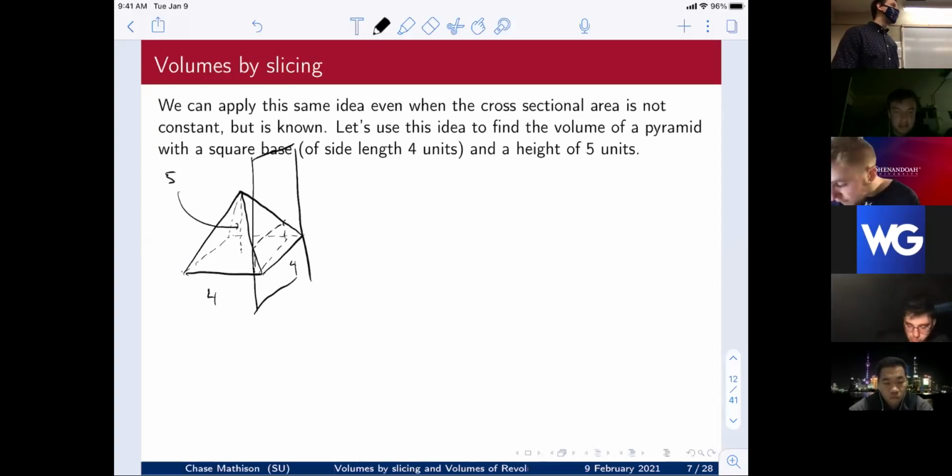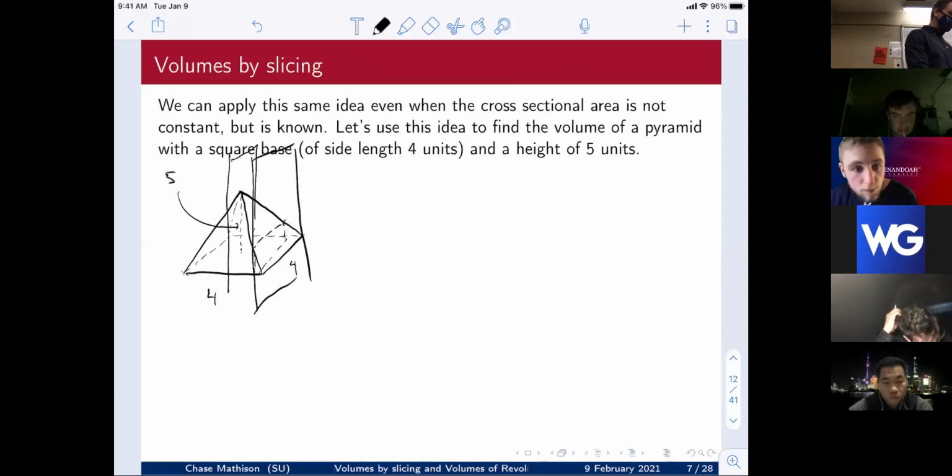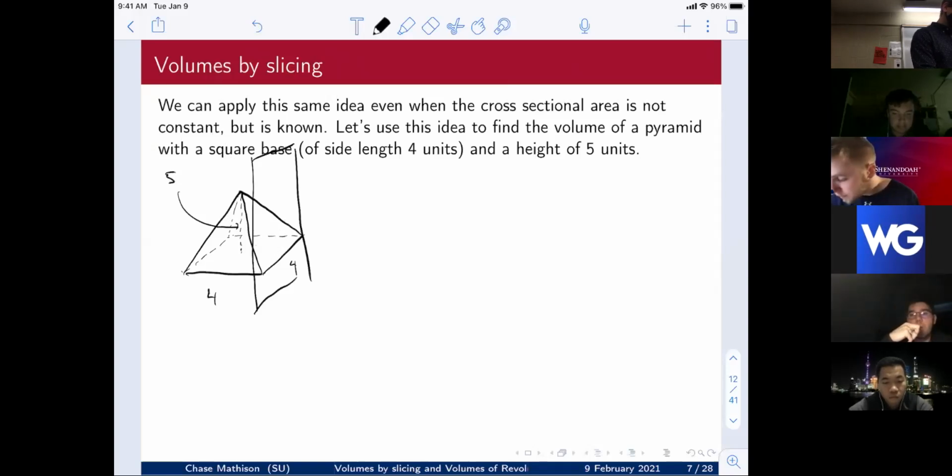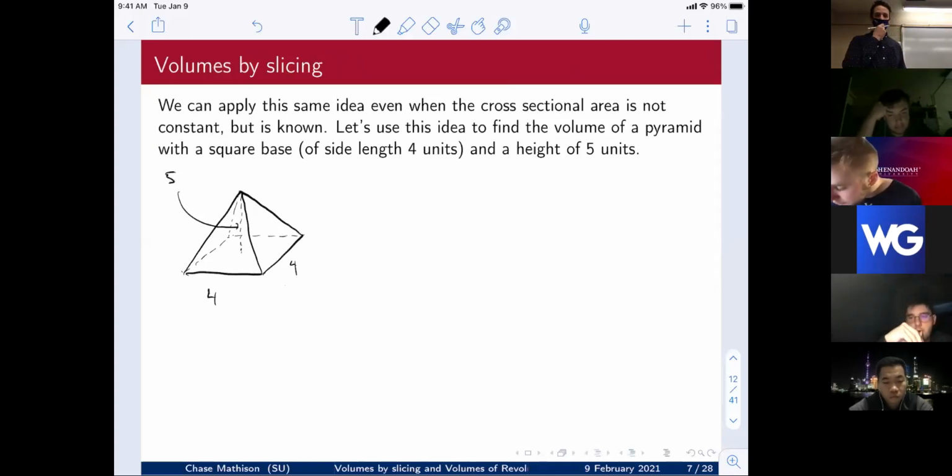You could do it, but once you cut this pyramid in half, all of a sudden that rectangle turns into a triangle, and you have to do a weird little workaround there. That's annoying. I'm not going to do that. But it is possible to take cross sections using vertical slices like that.